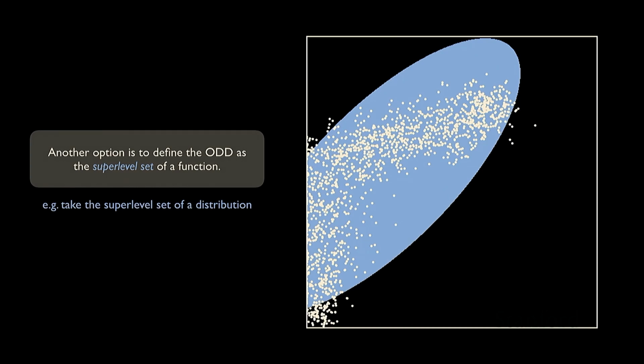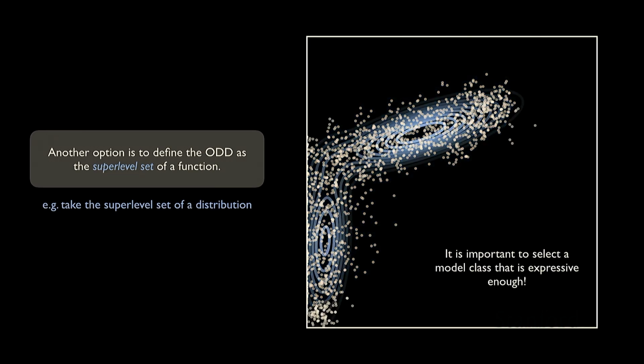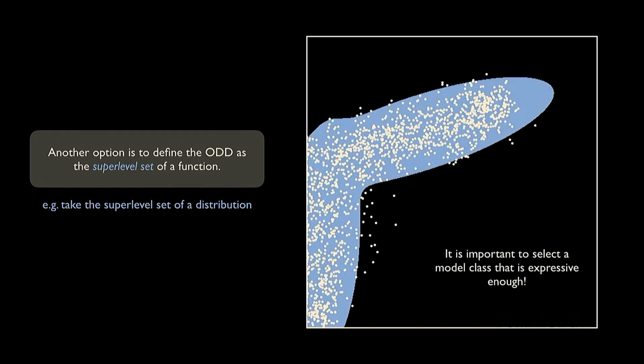And the caveat here is that you need to make sure that you select a model class, when you're selecting this distribution, that's expressive enough. So a multivariate Gaussian doesn't really fit this data set very well, but a mixture of multivariate Gaussians fits the data pretty well. And so we could take the super level set of this mixture, and then we get a pretty nice definition of our operational design domain.